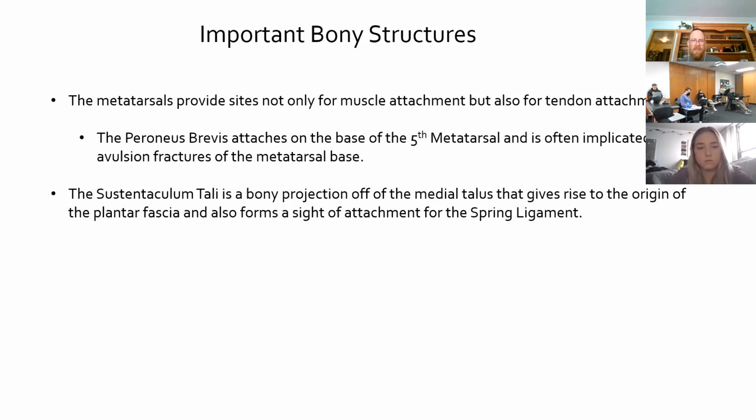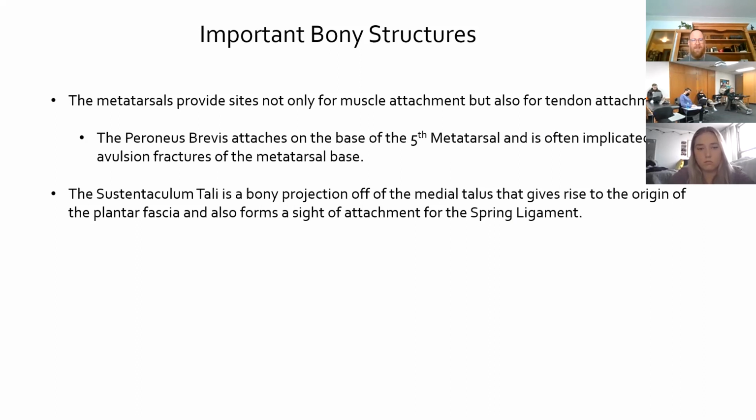And so if we know our bony anatomy, we're going to be able to do a lot better job at coming up with diagnoses for foot pathologies. So what's an example of that? An example of that is the 5th metatarsal.